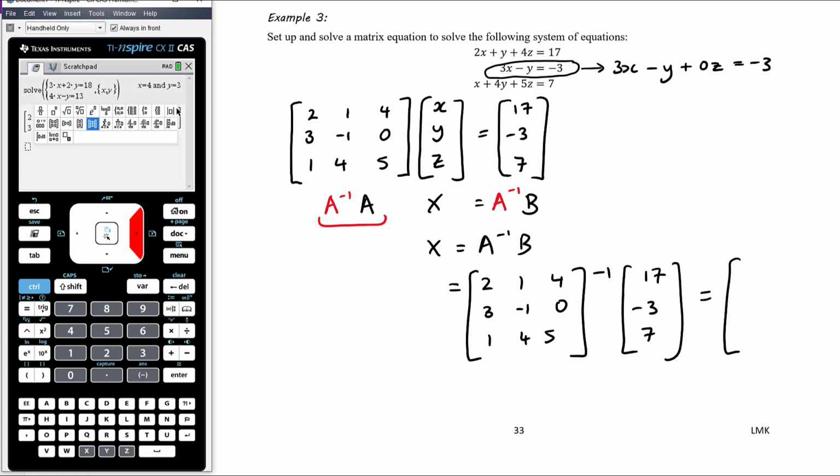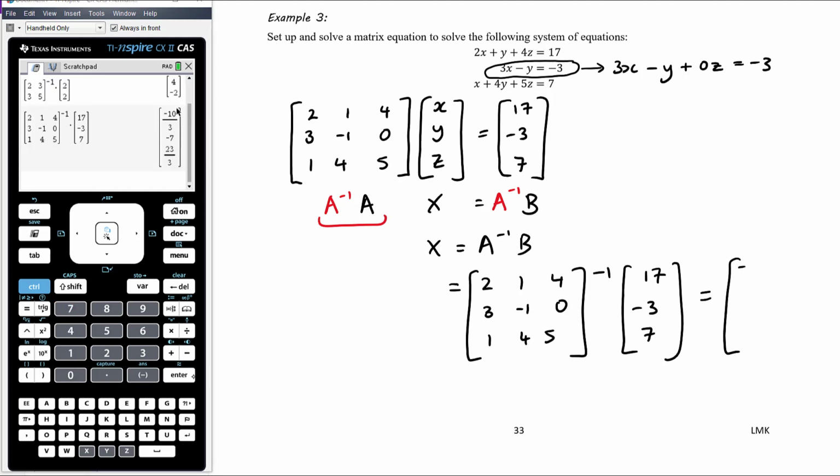So I'm going to get my 3 by 3 matrix. It's 2, 1, 4, 3, negative 1, 0, 1, 4, and 5. We want the inverse of that, and we're going to multiply by, now we need a 3 by 1 matrix, so 17, negative 3, and 7.